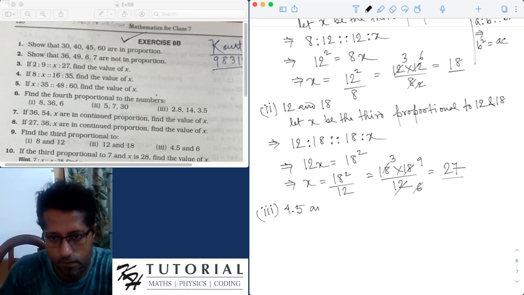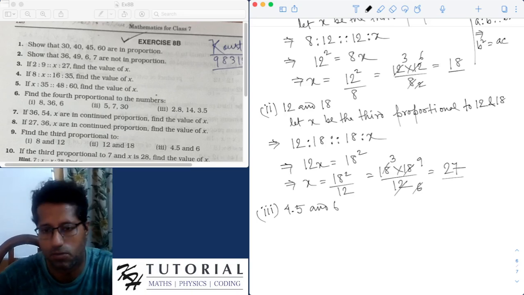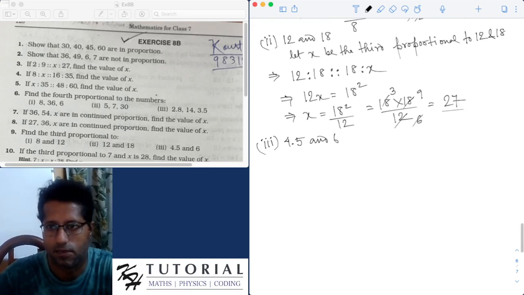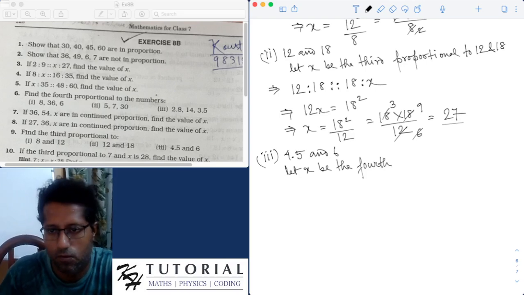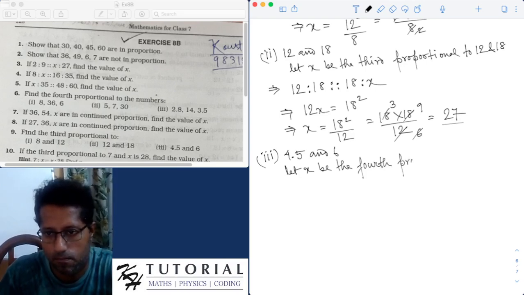Part 3 is 4.5, and it has asked to find the third proportional to 4.5 and 6. So let x be the fourth proportional to 4.5 and 6.